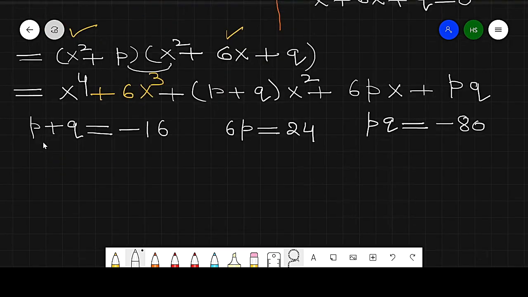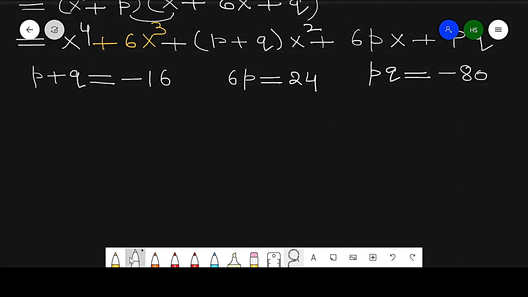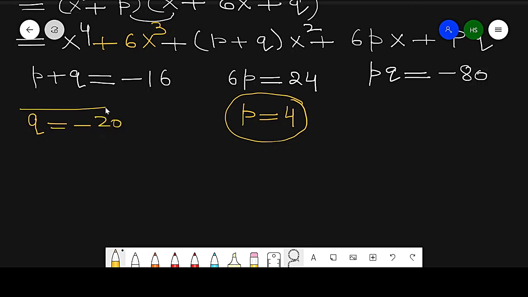Now from this we can find the values of p and q. So p is 4, and q we find from this as well as this equation. So q is equal to -20. So their product will give -80.